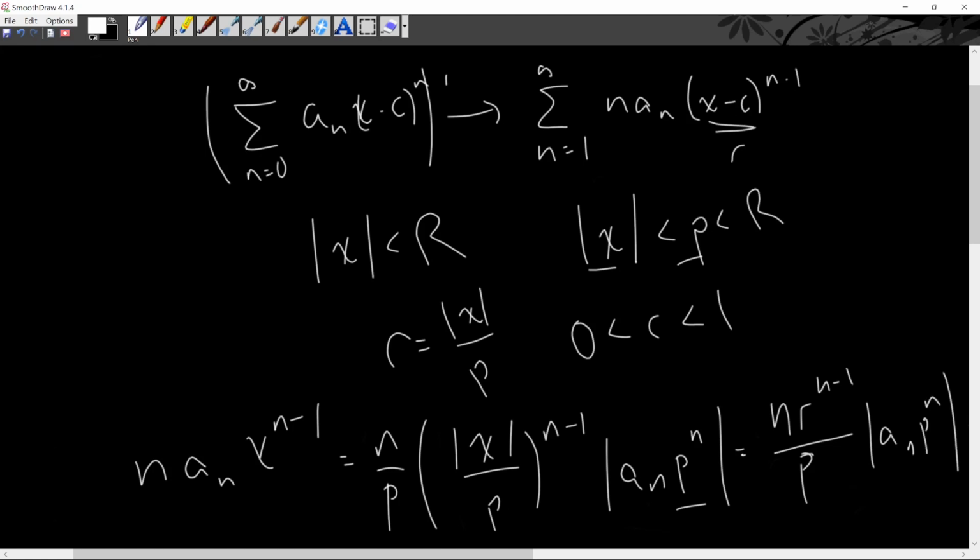And that's just because if you multiply these two values within one another, if you bring that within, wait, let me think about this. Oh, no. This is simple. This is r, right?